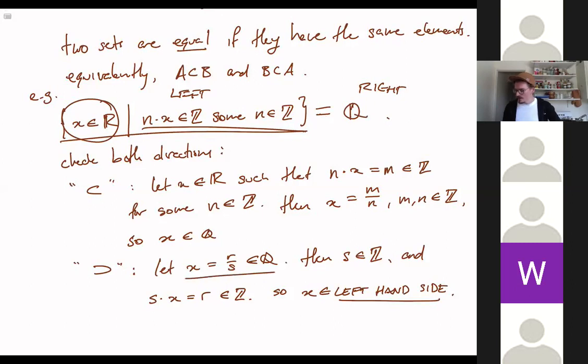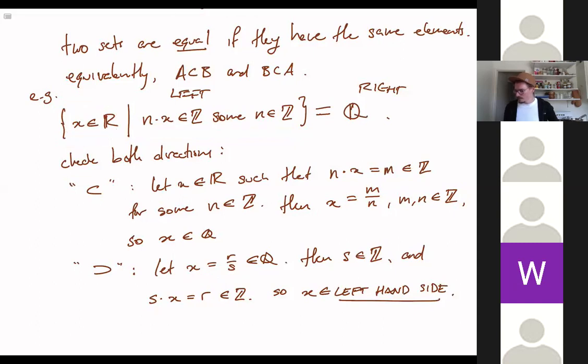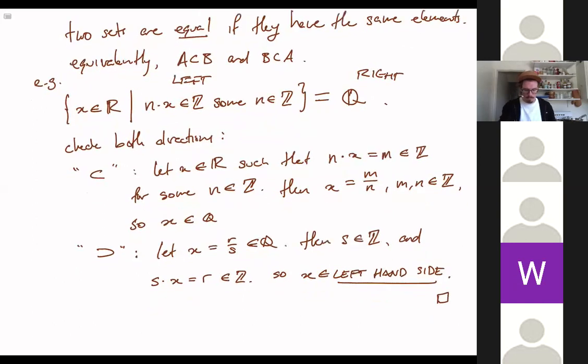So x is a rational number. So in particular, it is a real number. And we have checked that x times an integer is an integer, which is the property that we need. So it is indeed contained in the set. Okay, so that completes our checking. So this is what it means for two sets to be equal.